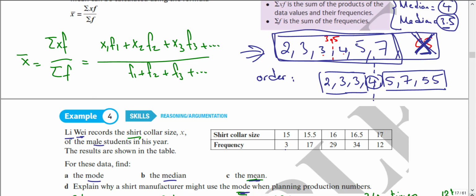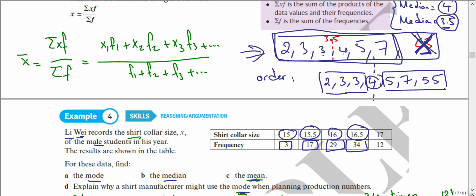He found that only 3 students are with the size 15. 17 students are with the size 15.5. 16 students are with the size 29. And 16.5 students are with the size what?